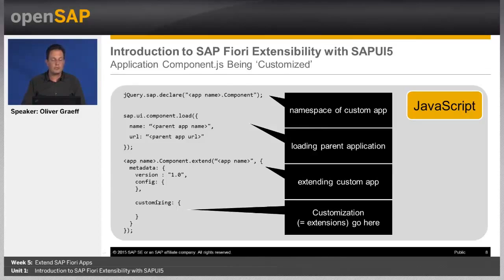You can see the specific area here called customizing. This is where the extensions will be defined. Currently it's empty, and as we do extensions, for example in Web IDE, you can see here that coding is being generated. The term customizing is a bit misleading. It has nothing to do with IMG, for example. It is where the extensions are being defined.